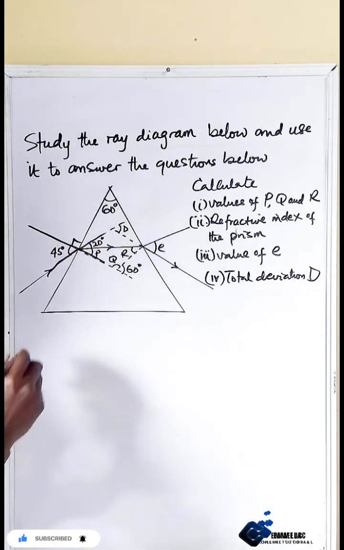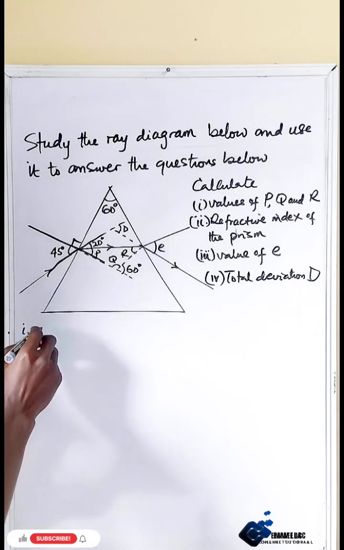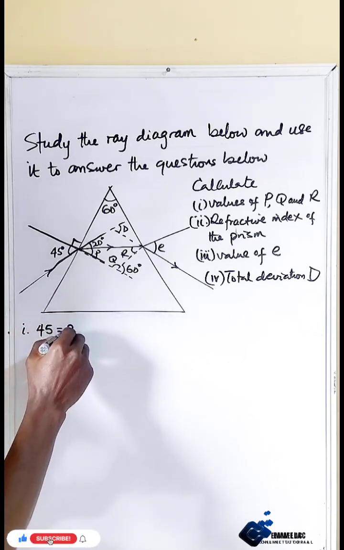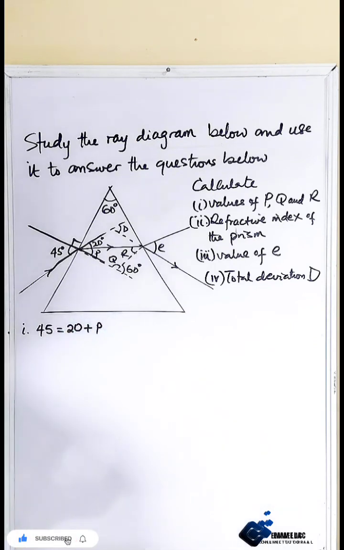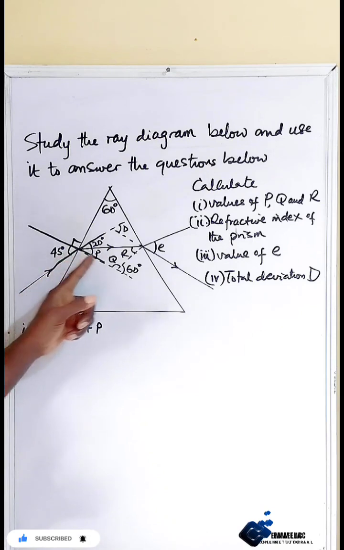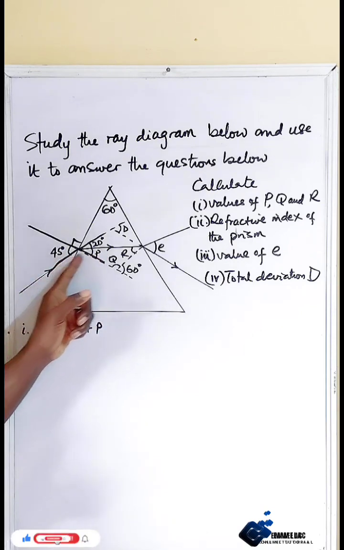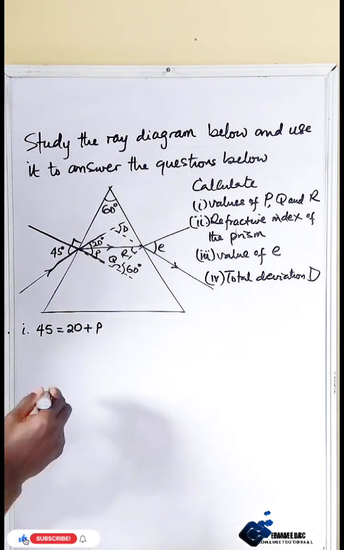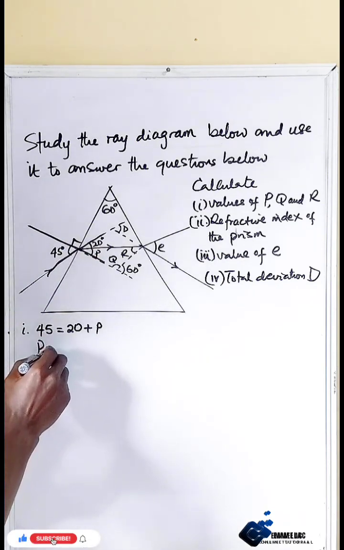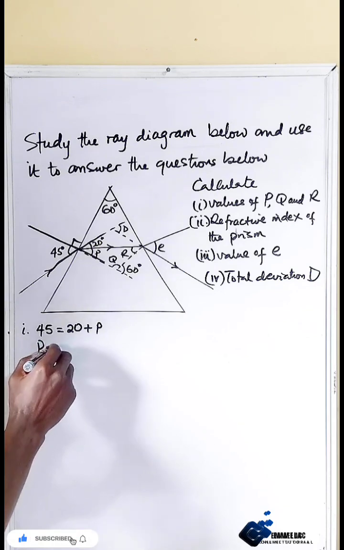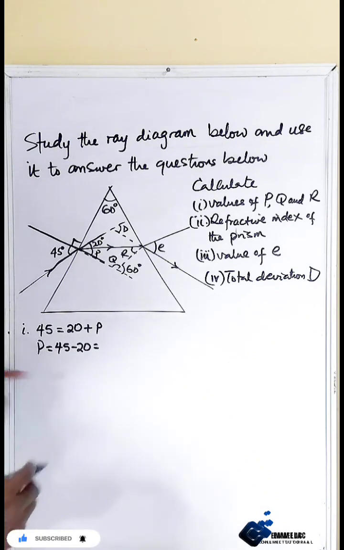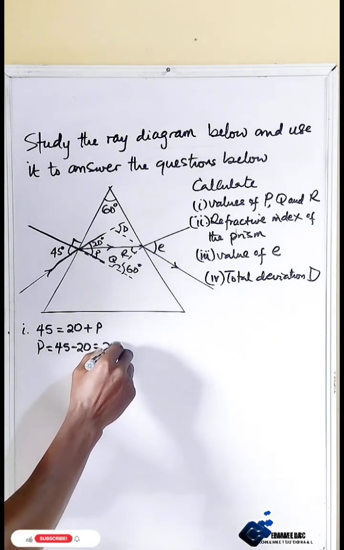So for number one, let's say that 45 equals 20 plus P, because 45 is equal to the sum of 20 and P. To this end we can have it that P equals, making P the subject of the formula, 45 minus 20, which will give us 25 degrees.